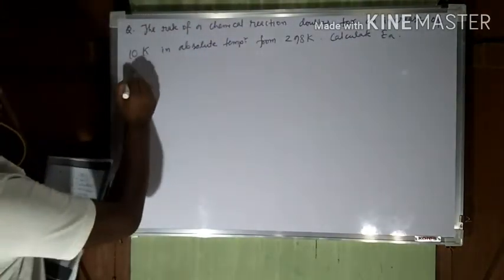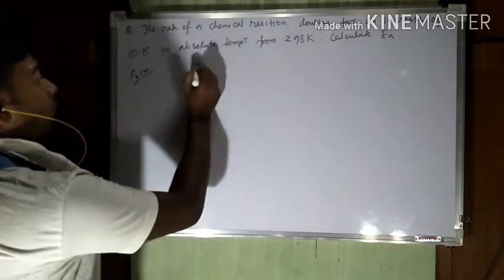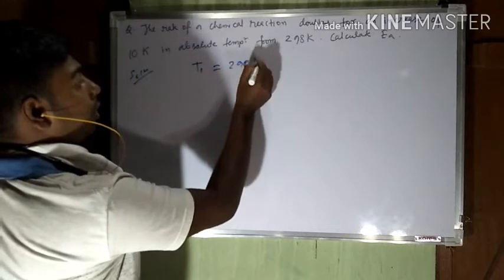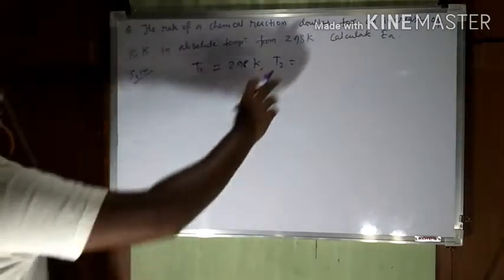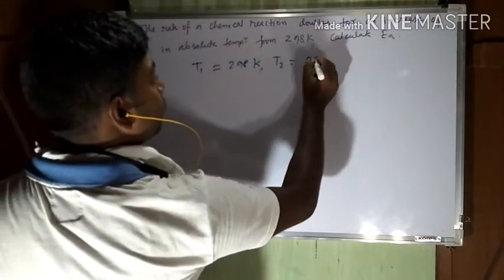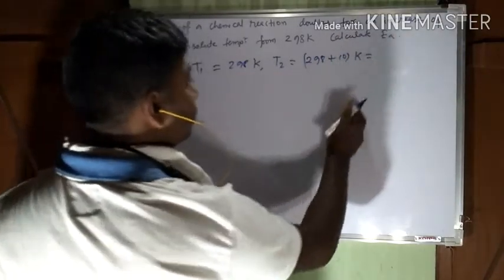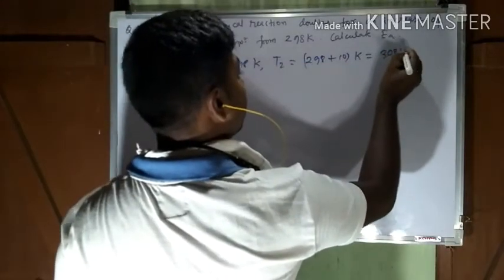Solution. First, it is given T1 is 298 Kelvin. T2 is 10 degrees more, that means an increase of 10 Kelvin, so T2 is 298 plus 10, that means 308 Kelvin.